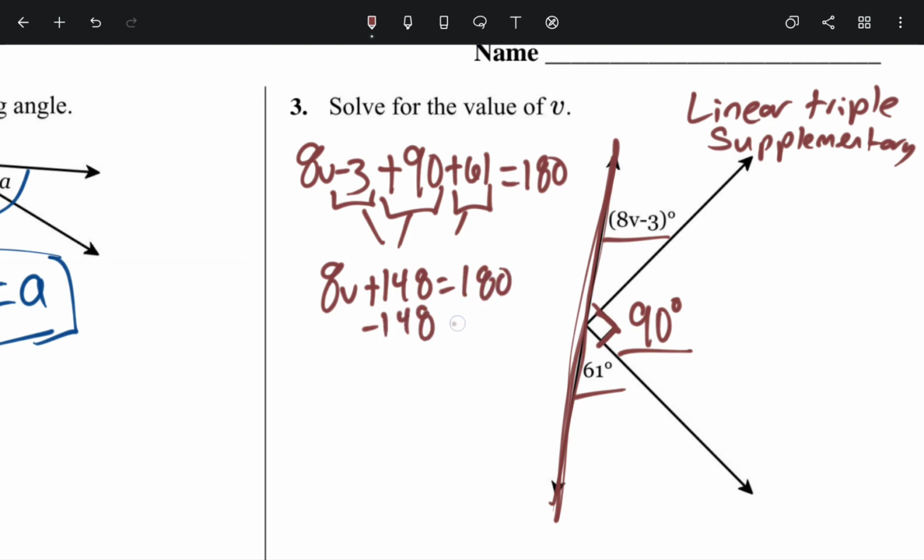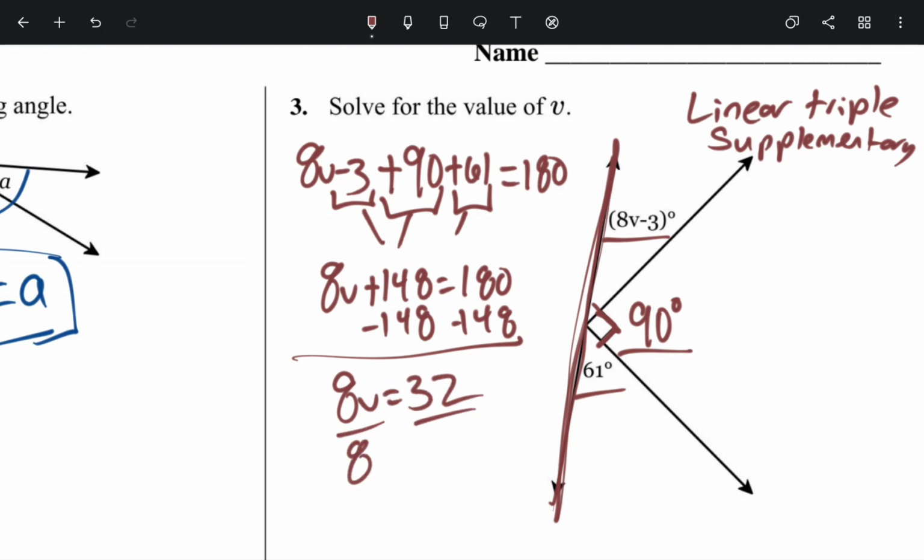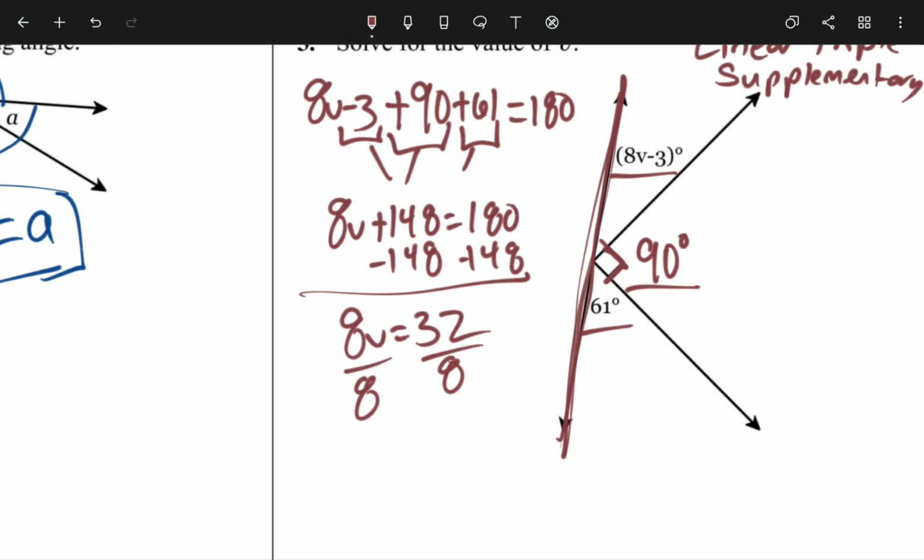Subtract 148 from both sides, and we get 8V equals 32. Now divide both sides by 8 to get rid of that 8, and we get V equals 4. So now we know V is equal to 4.